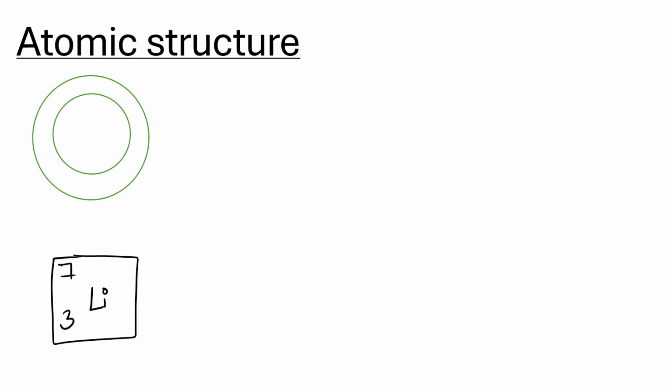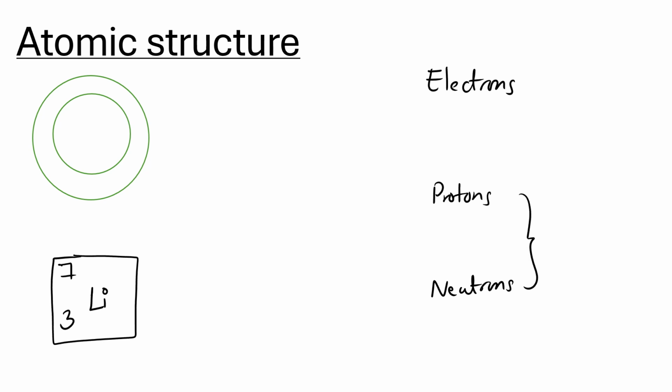So yeah, the three subatomic particles, as mentioned, include electrons, protons and neutrons. Now protons and neutrons are found in the middle, in the center point.